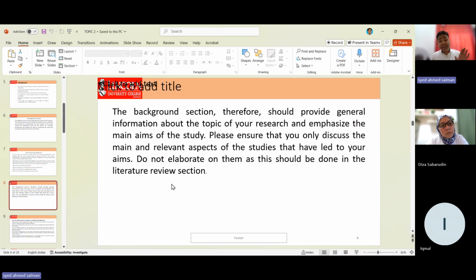So in order not to exceed the 12 or 15 pages, you do not have to write everything in detail. Most of the things you are going to write, describe and explain in the literature review, that is chapter 2. Okay.